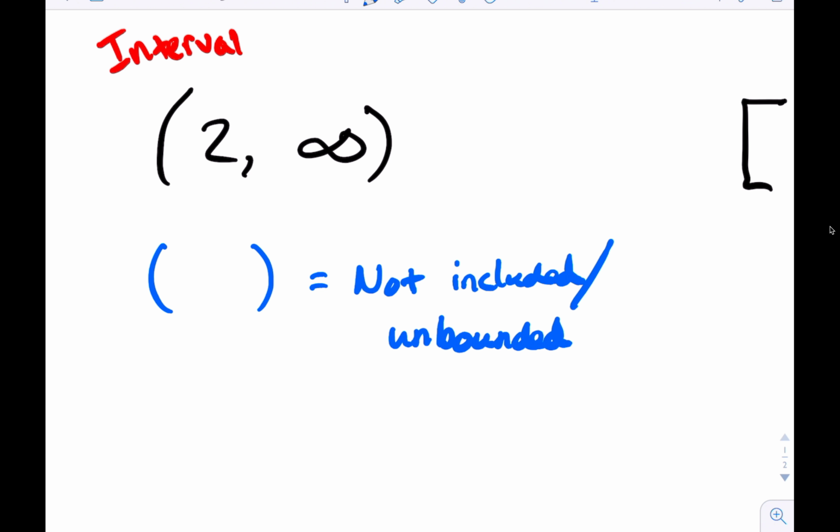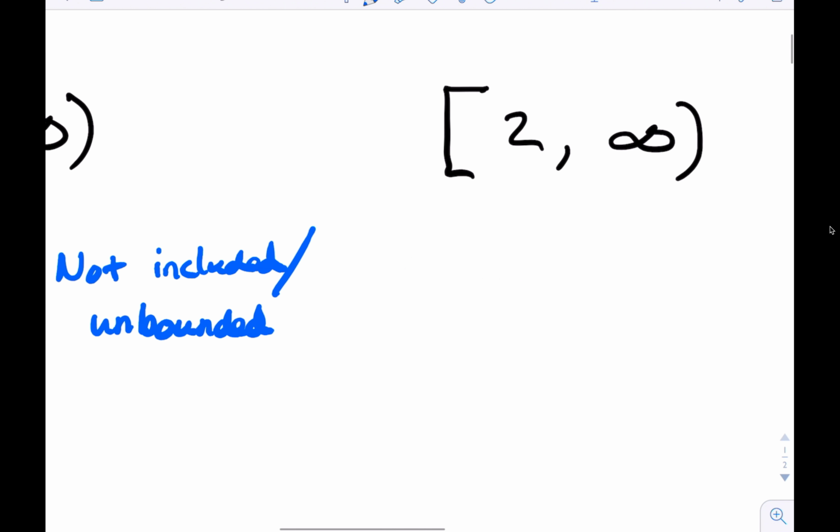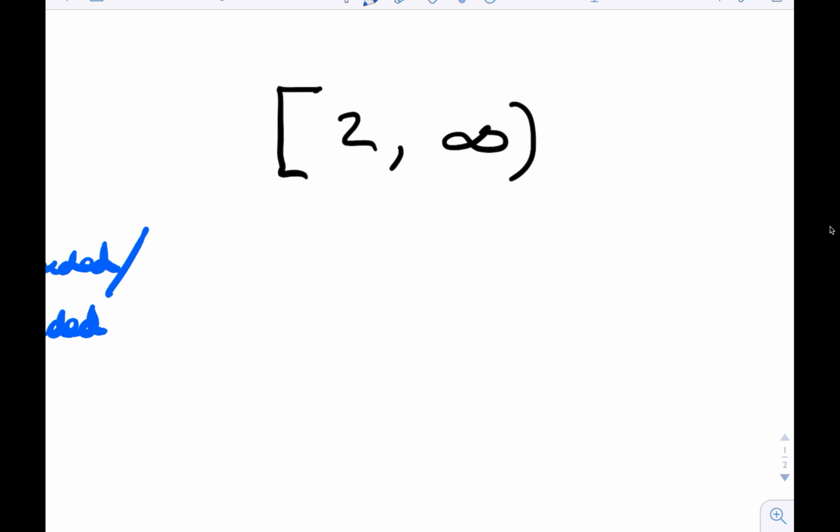And this interval notation is pretty much the exact same thing as the last example in set notation. The only difference now is that anytime you see a bracket, this means that the number next to it is included.